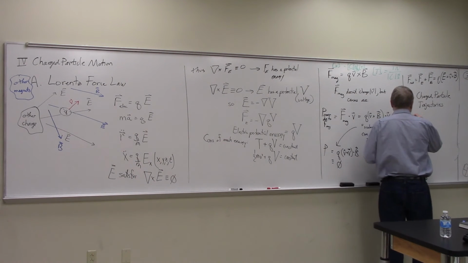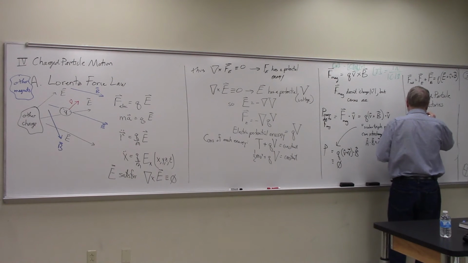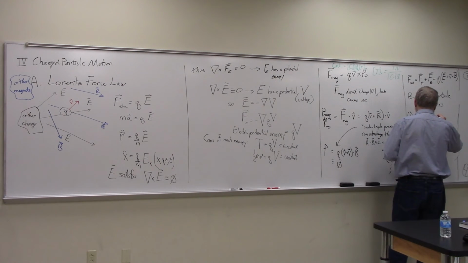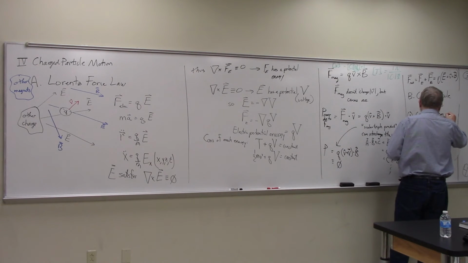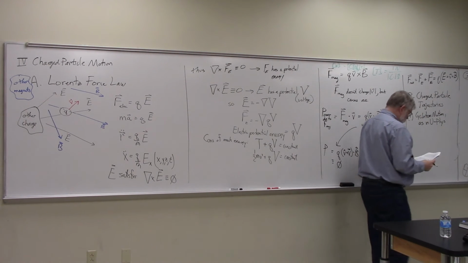Okay. For our first one, something called cyclotron motion. And we discussed this in U-phase, and I'm just going to review what we do in U-phase with that and read up something else.